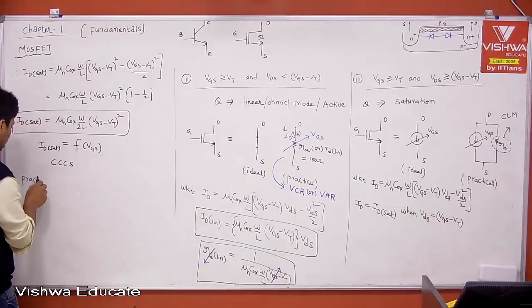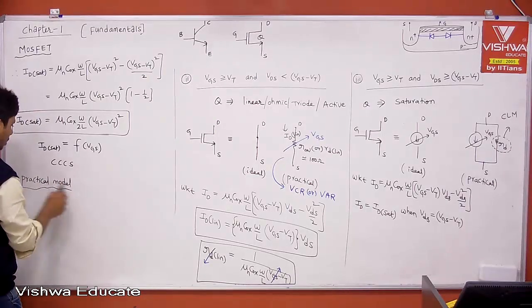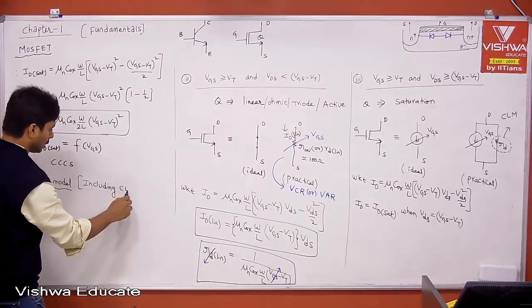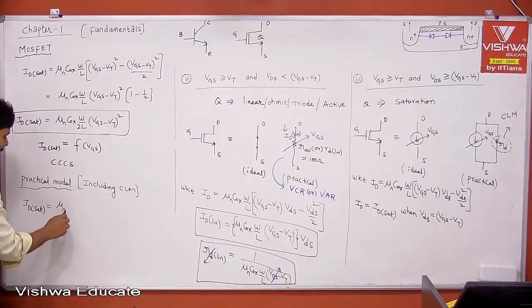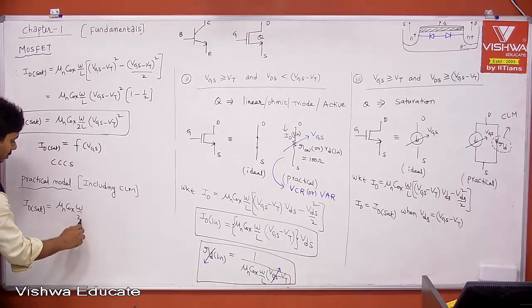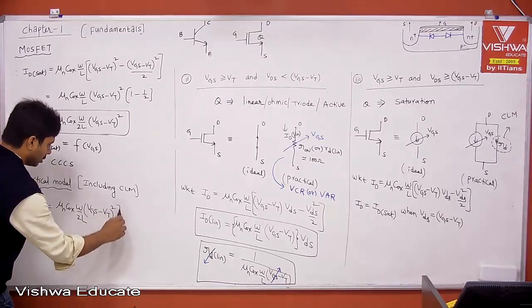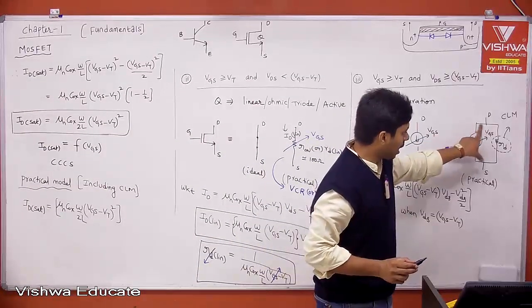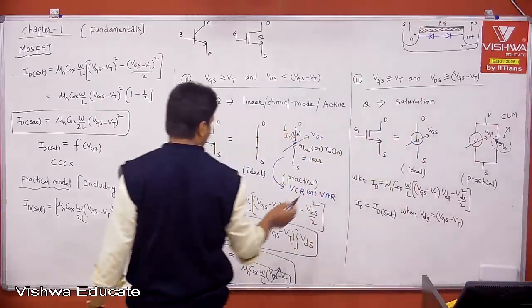If you consider the practical model, which is nothing but including channel length modulation, then ID sat is equal to mu n Cox W by 2L into VGS minus VT whole square into, on top of this current, we have some current variation due to VDS that we need to incorporate. That is nothing but channel length modulation.